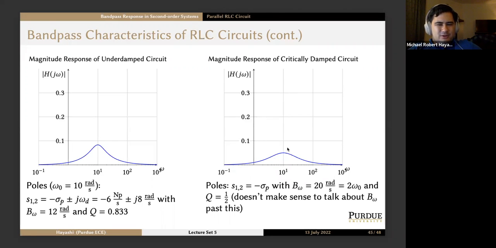The one thing you should remember, and I don't stress this enough, is that a quality factor of 1/2 is always the case for a critically damped circuit. So when we talk about high Q systems, we're really talking about a subset of underdamped circuits that are very, very resonant.